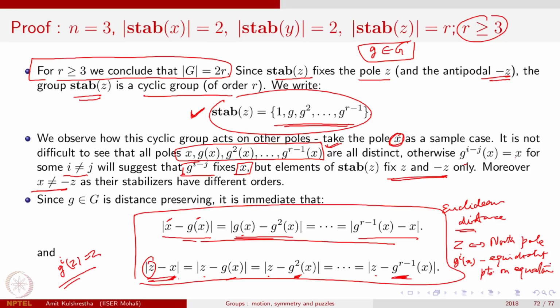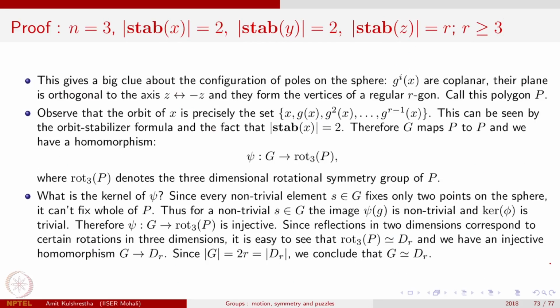You can think of it like this. That gives an important clue about how the poles are configured. These are coplanar. As I said, they are on the equator and their plane is orthogonal to what joins the north pole with the south pole, z with minus z. And therefore, these are forming vertices of a regular r-gon.